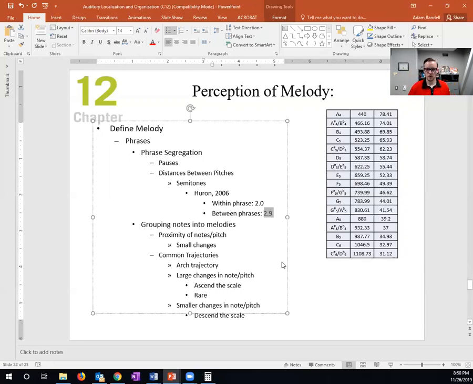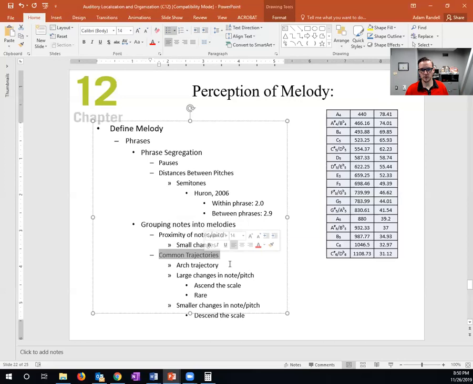Now, how does our perceptual system organize notes together into coherent phrases? Well, again, as I just mentioned, the proximity of the notes to one another. The closer they are, the more likely we are to lump them together. In fact, most transitions within phrases are small. We also use the trajectories of note transitions to organize them together.